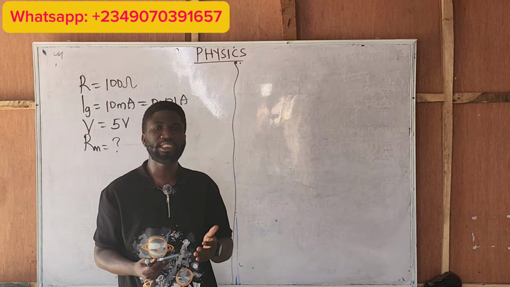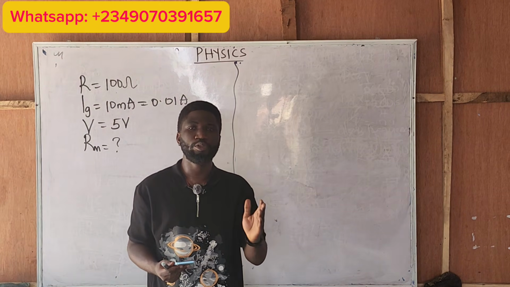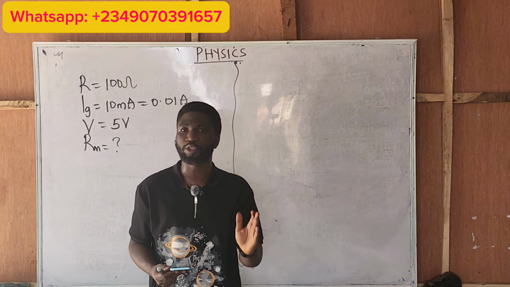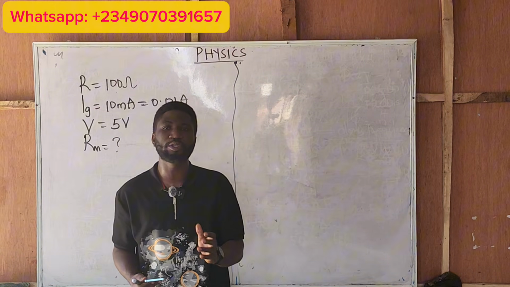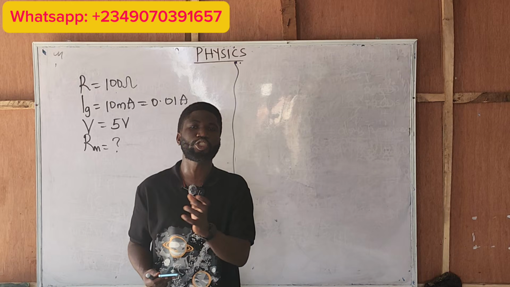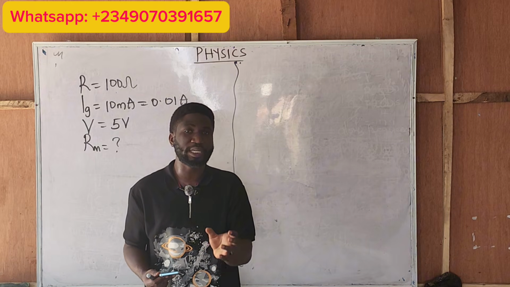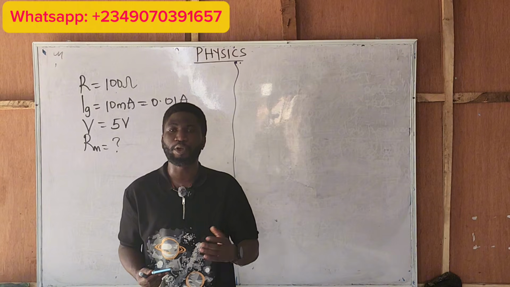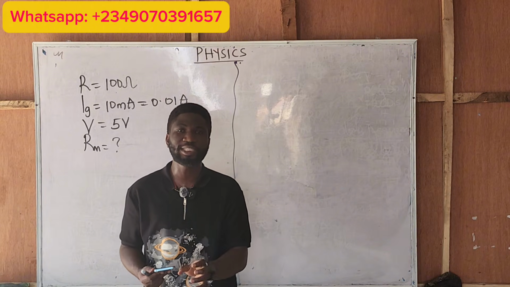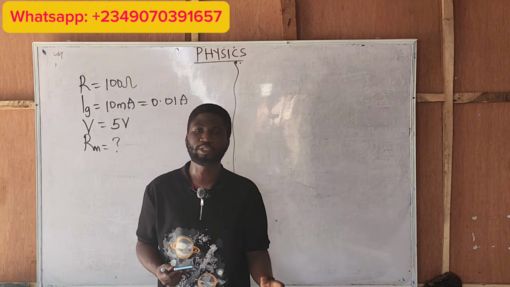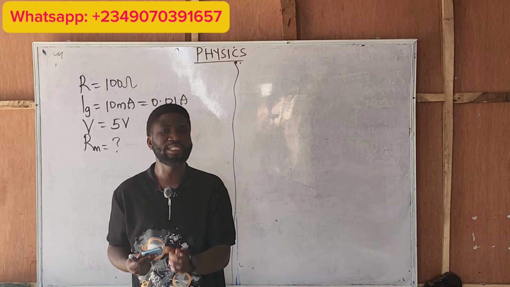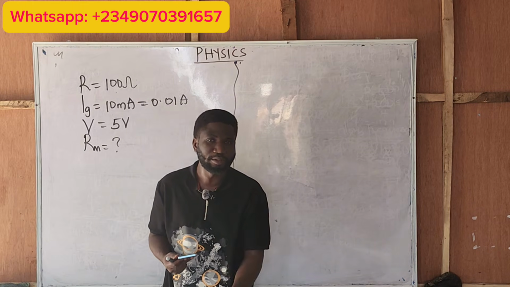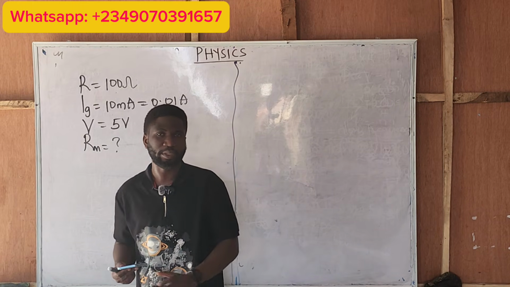If you want to convert a galvanometer to an ammeter, we make use of a low resistance shunt. We make use of a resistor, and this resistor has low resistance, and we call it the shunt. The shunt helps to convert the galvanometer to an ammeter, and this shunt needs to be connected in parallel with the galvanometer.